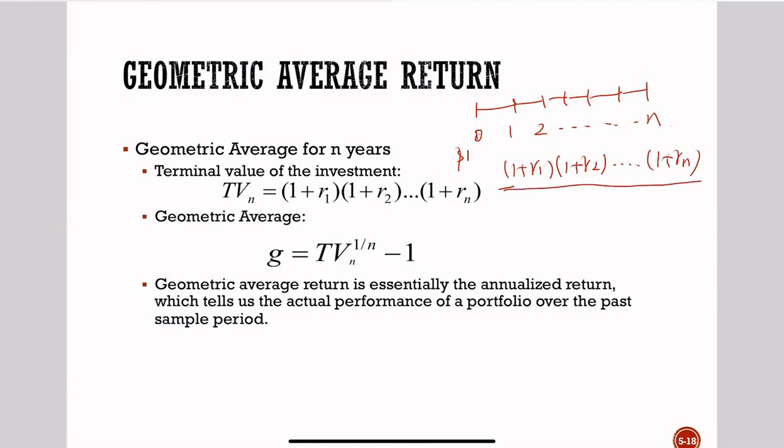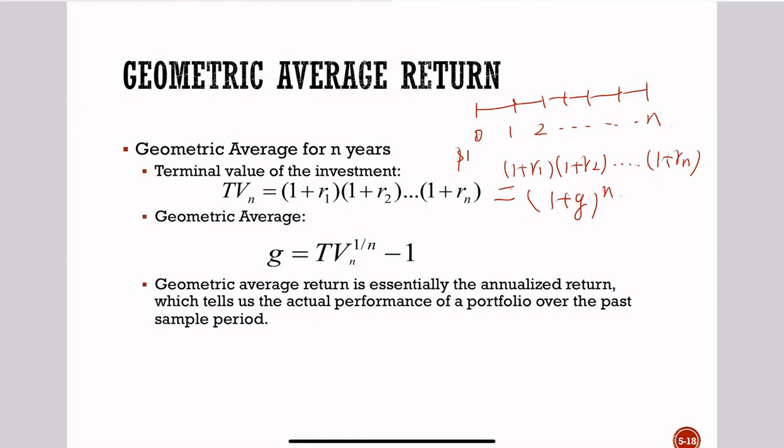And now we want to find the geometric average return. As I said, this is really just about finding the annual return. Let's say the annual return is G, and you have invested for n years. If the annual return is G, then you have to put an exponent of n here.